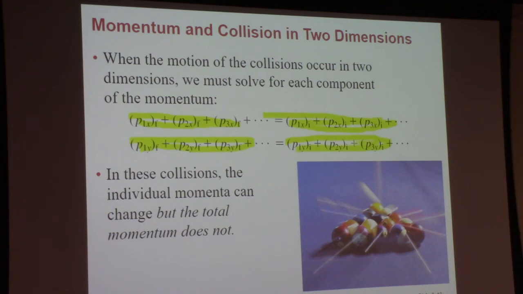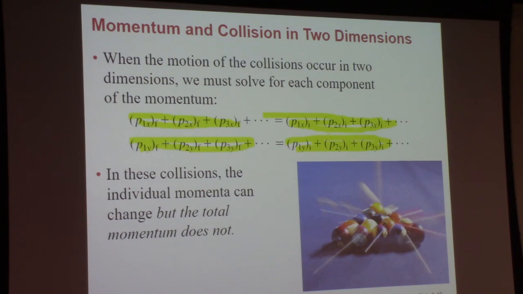Now this is like a very general case. 1 plus 2 plus 3 plus however many particles you have. Usually it's going to be 2, maybe 3 different components, probably 2. If it's a collision, you have to have at least 2, right? But maybe one of them is not moving to begin with, so its initial momentum is 0, that sort of thing. So this is just written very general.